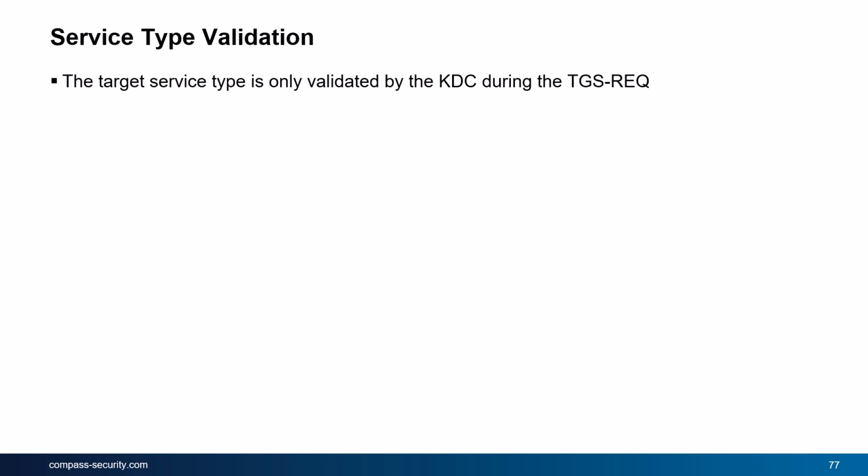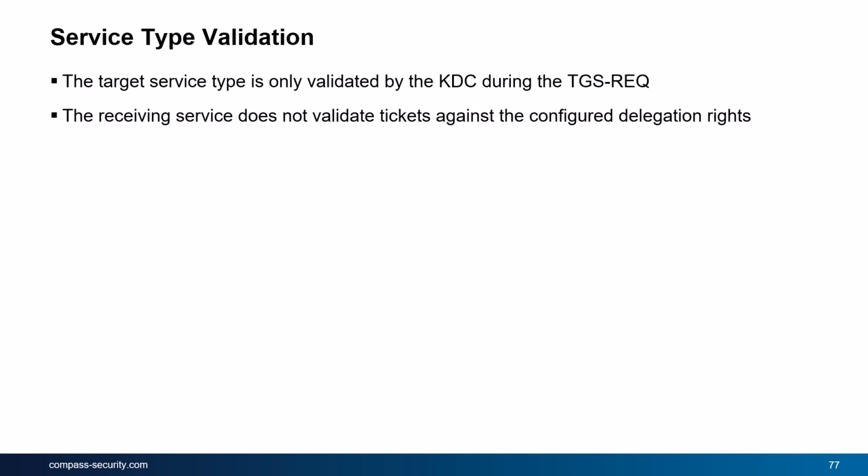However, the actual service that then receives the delegation ticket, so the service that we delegate towards, does not validate the ticket again against the configured delegation rights. So if we come with a delegation ticket towards a service where only delegation towards HTTP is allowed, but we use a CIFS ticket or LDAP ticket, the service does not recognize this or does not check this.